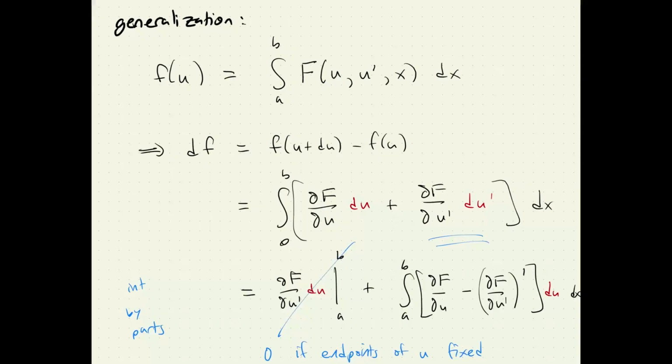And so what you get is this term here is the gradient. This is a grad f. This is a dot product with du, and so I can write this out.